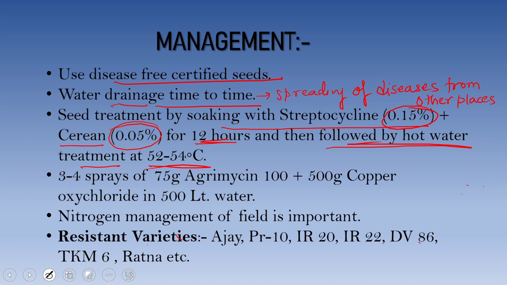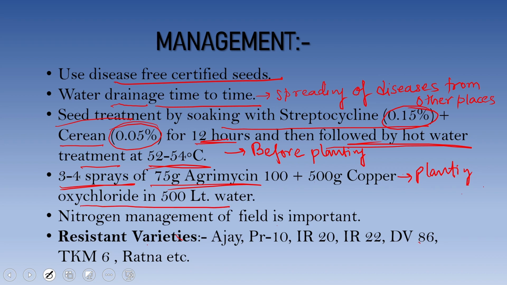And the fourth thing is 3 to 4 sprays of 75 gram agromycin, 100 plus 500 copper oxychloride in 500 liters of water. This is after planting, and the earlier one is before planting, in the seed stage, so that is the seed treatment method.